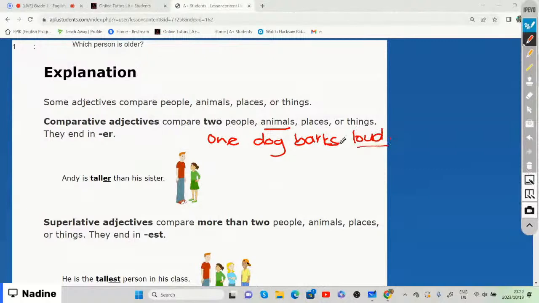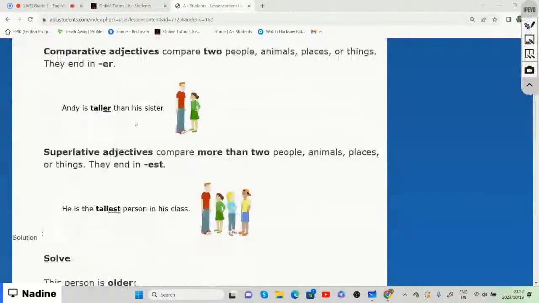But the other dog barks louder. So it's loud and louder. We're comparing the two dogs. And we said it ends in er.